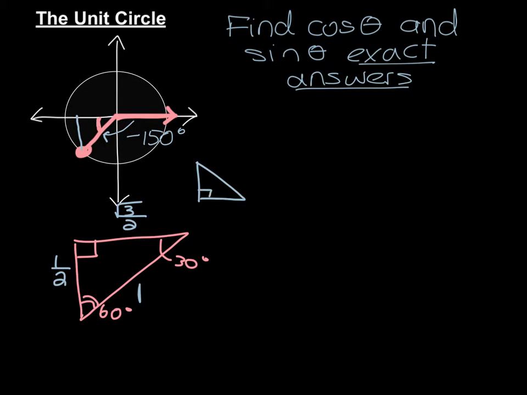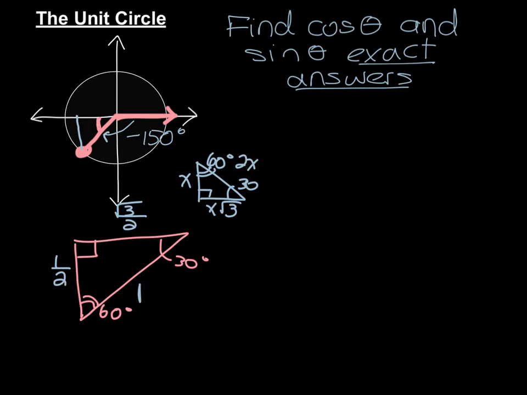30, 60, 90 right triangle, the side across from the 30-degree angle is x, the side across from the 90-degree angle is 2x, and the side across from the 60-degree angle is x radical 3. So if the hypotenuse is 1 unit long, that means the side across from the 30-degree angle has to be half of that.